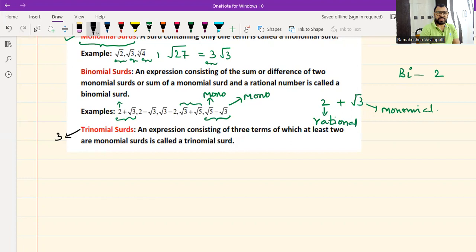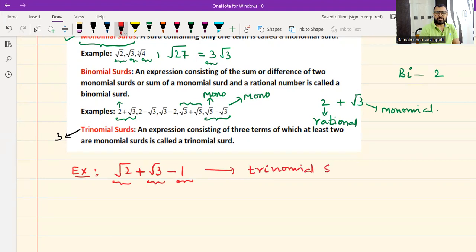So here I can write an example: root 2 plus root 3 minus 1. So this is a monomial, this is also a monomial, and this is a rational.